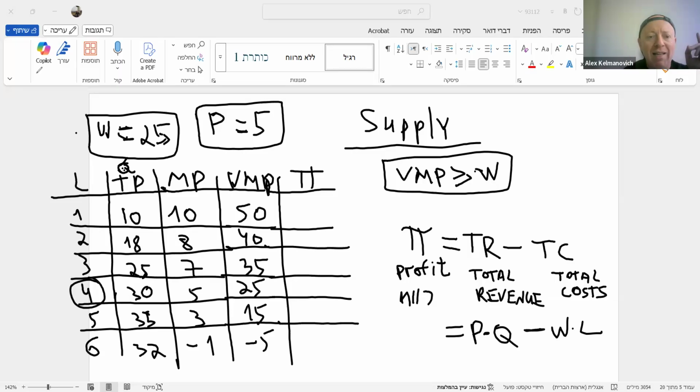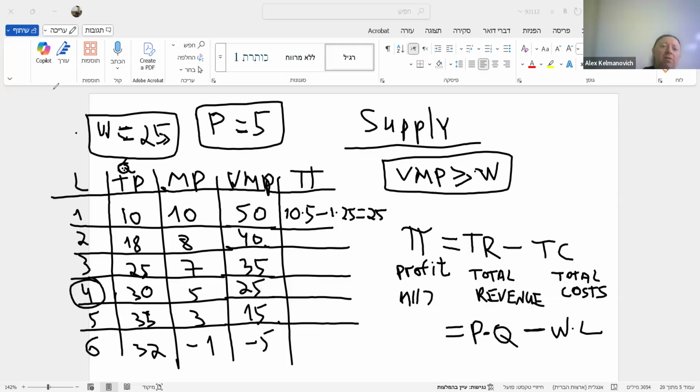If I take 1 labor, I make 10 donuts times 5 shekels minus 1 labor, and I pay him 25. So my profit is 25 shekels, right?